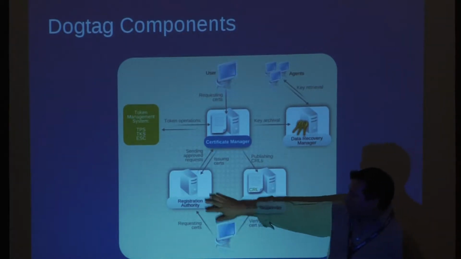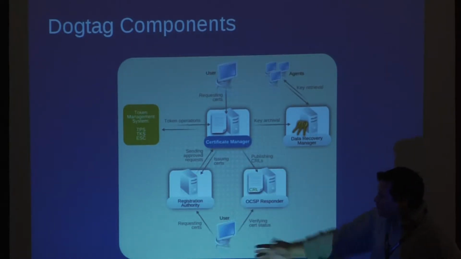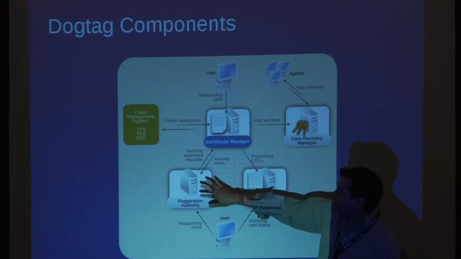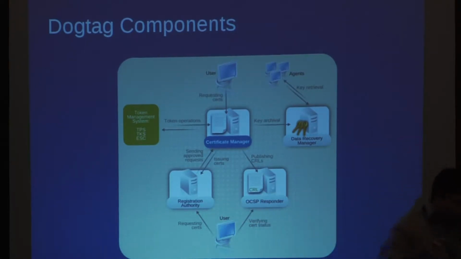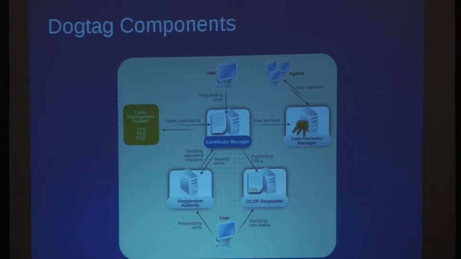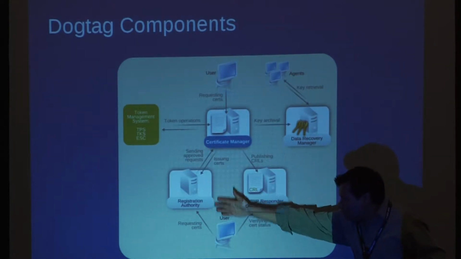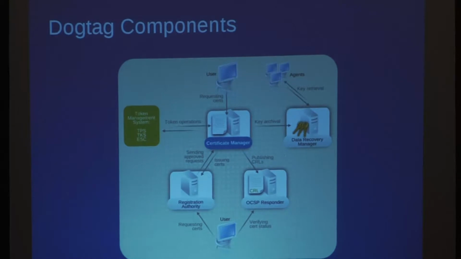The request goes to a registration authority, and you can go directly to the CA, but in this case, we're going to a registration authority. The registration authority is a place where agents will look at the requests, approve them, and send the request off to the CA. Because it's an authorized agent, that certificate will automatically be approved and sent back to the registration authority, and back to the user.